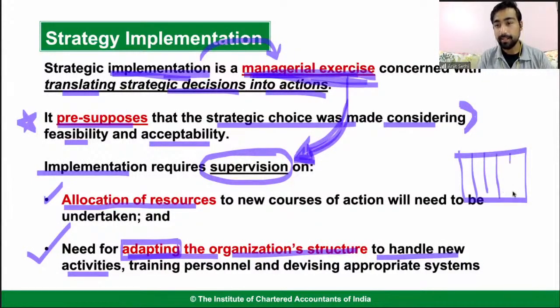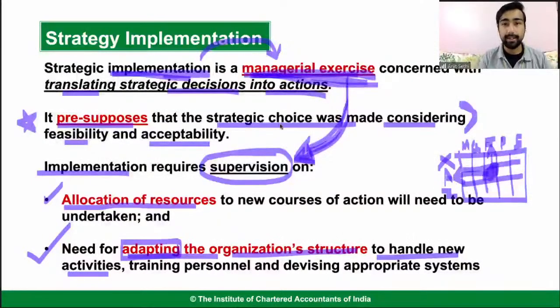In the matrix structure, let's say this is your finance function, this is your department A, this is department X, this is department Z, this is marketing, this is sales, this is let's say production, and this is your quality control. So this person in finance is reporting to the finance head and also to the head of division A, right? He or she is reporting to two people.